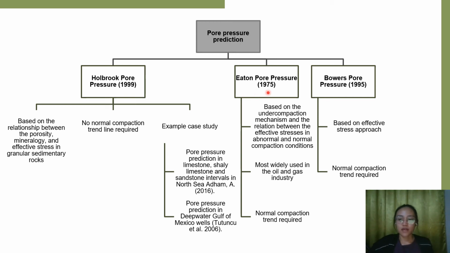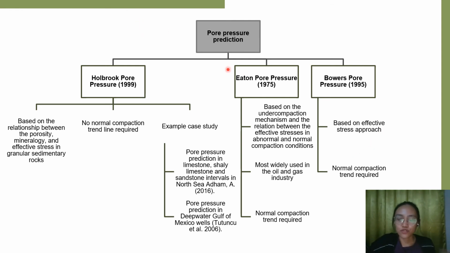However, for Eaton and Bowers pore pressure, both need the normal compaction trend, and both these methods require the use of seismic velocity. However, for lab, we are using the Bowers pore pressure, which is based on the effective stress approach, which is based on the formula in the previous slide that I showed.